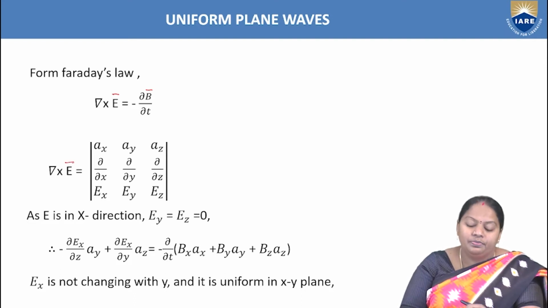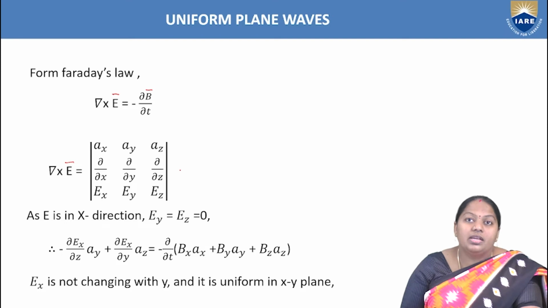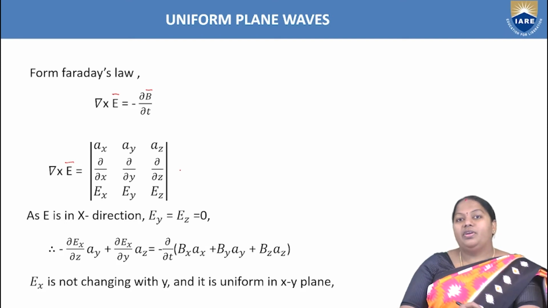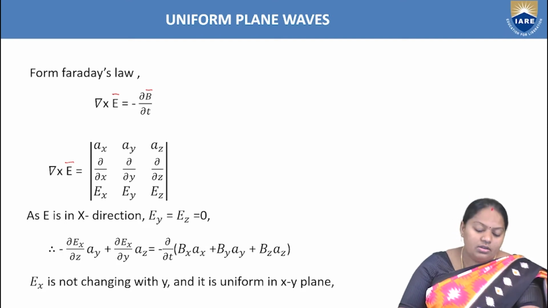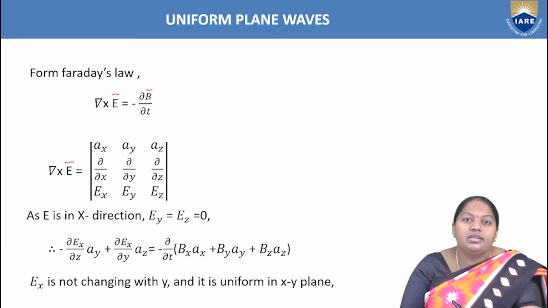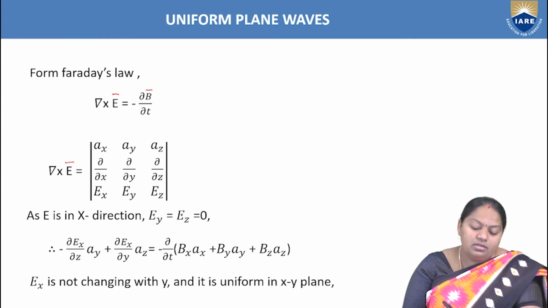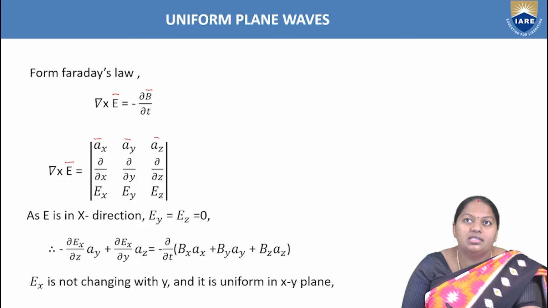Just as we wrote the curl of the magnetic field intensity in the case of del cross H bar, similarly the curl of the electric field intensity can be written in vector form with ax, ay, az, dou by dou x, dou by dou y, dou by dou z, and the three magnitudes Ex, Ey, Ez.